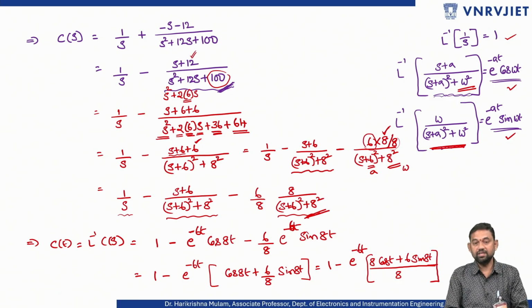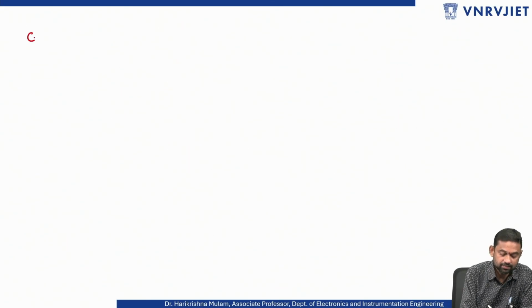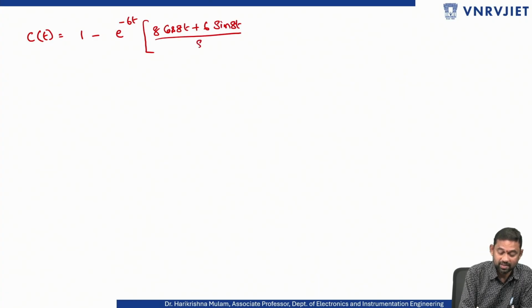We need to further simplify it so that it appears as per the standard formula that we give for the response of a second order underdamped system. Okay. Now, let me once again write: C of t is equal to 1 minus e power minus 6t into (8 cos 8t plus 6 sin 8t) by 8.